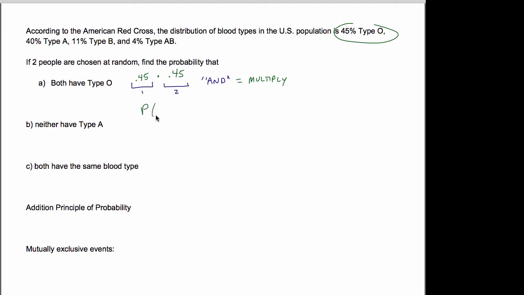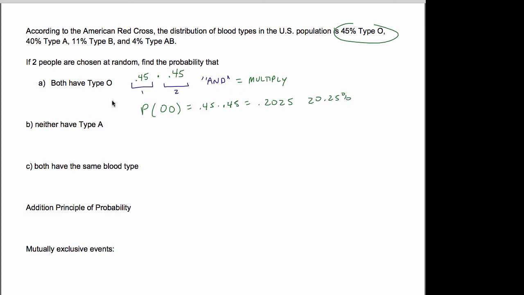So the probability of O and O is equal to 0.45 times 0.45. And when we do that math, we get 0.2025, or 20.25%, okay?